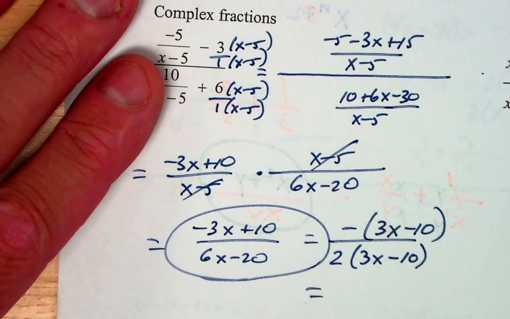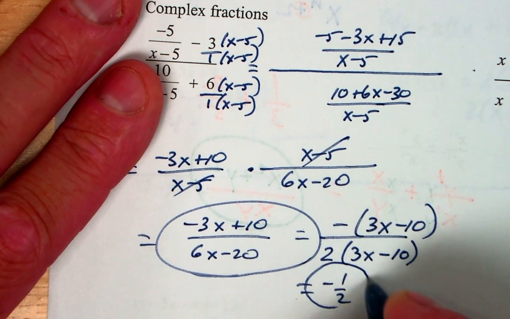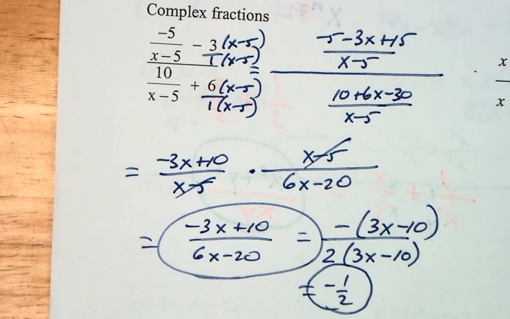And then, lo and behold, negative 1/2. Everybody say, ugh. I can't totally disagree. But it's on our list of things that we need to be able to do for college algebra credit.